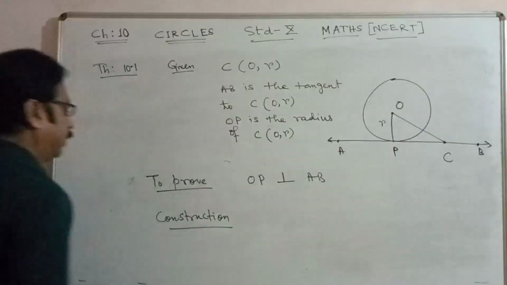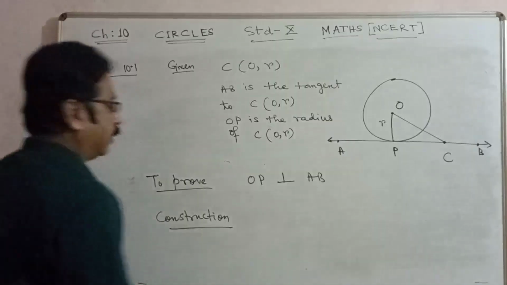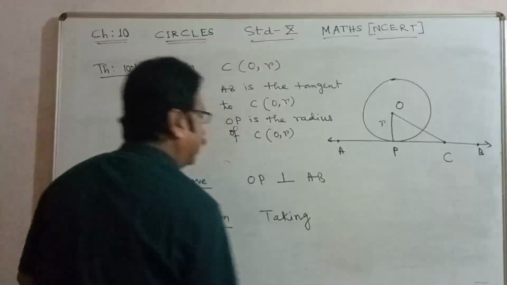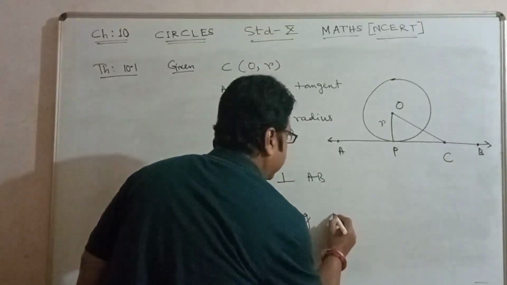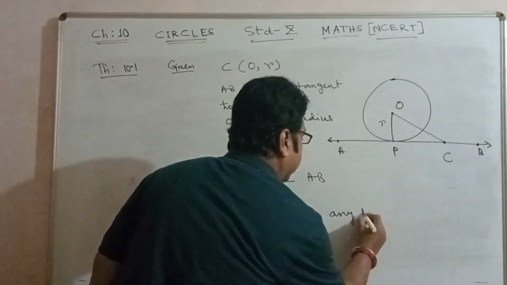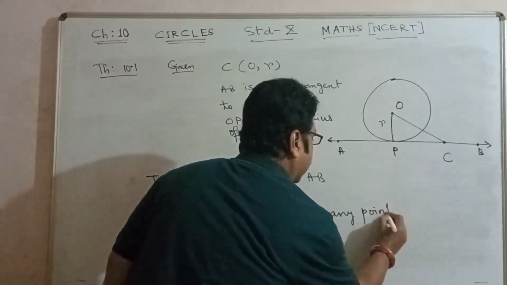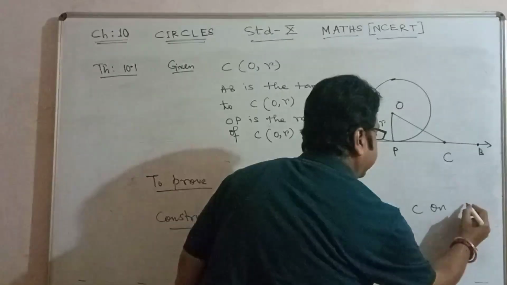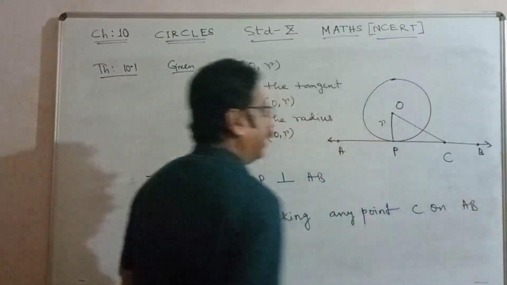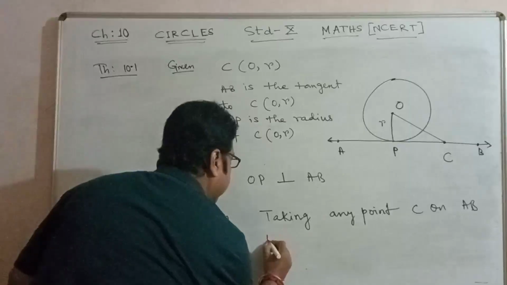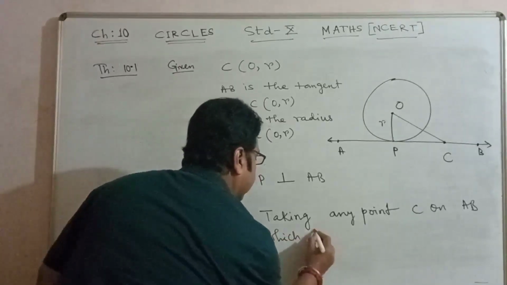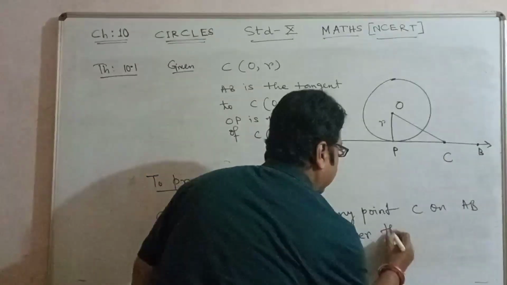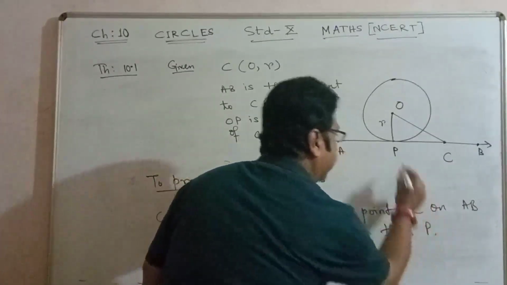Construction: taking any point C on the tangent AB, which is other than P. P is the point of contact.